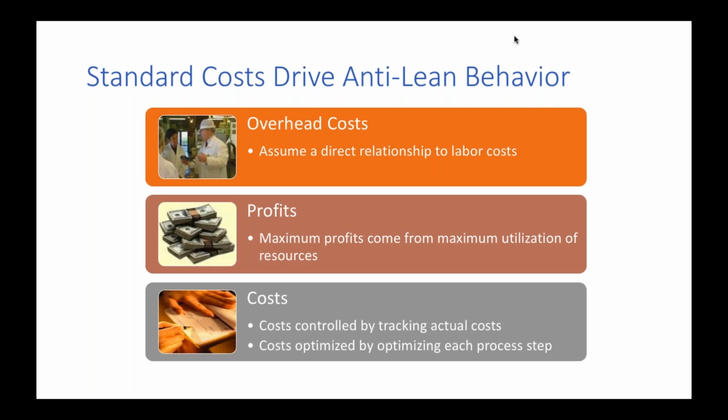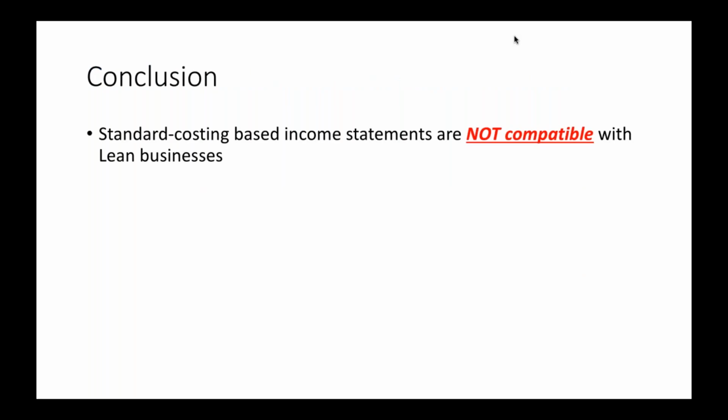So in a lean business, we do not want to use standard costing-based income statements. The short conclusion to reach here is that they are not compatible. So if you're just getting started in your lean journey, or maybe you're established but you still have standard costing-based income statements, it's really important to know that in the long run, you're going to have compatibility issues.